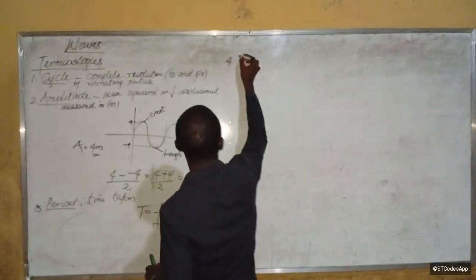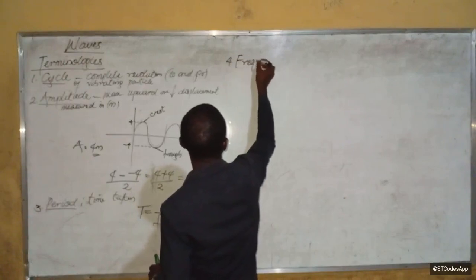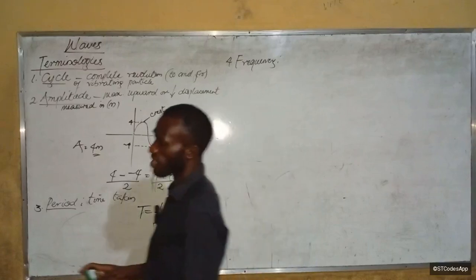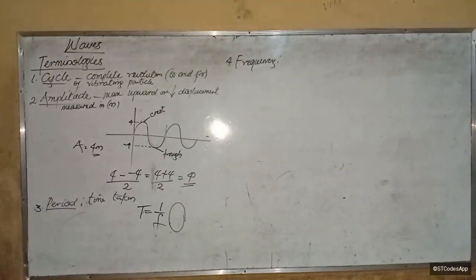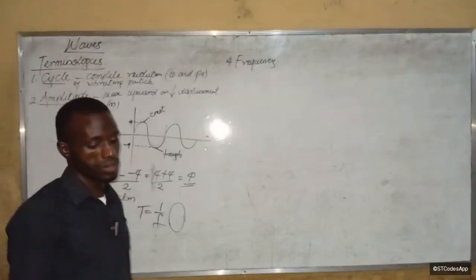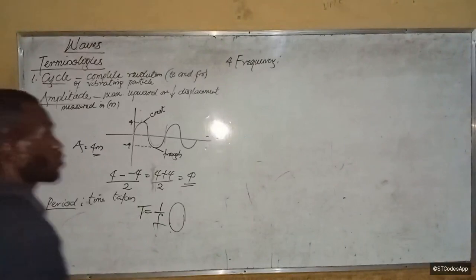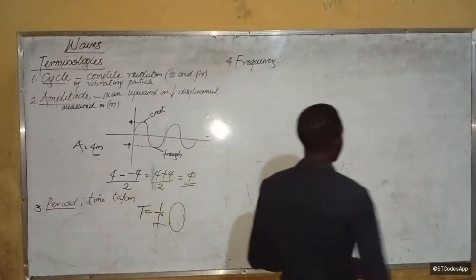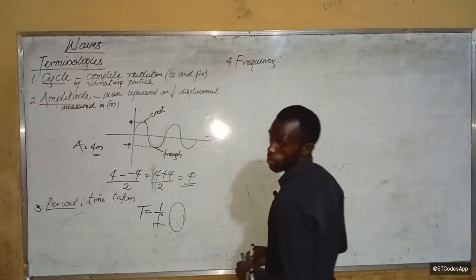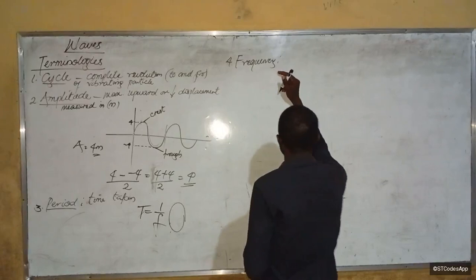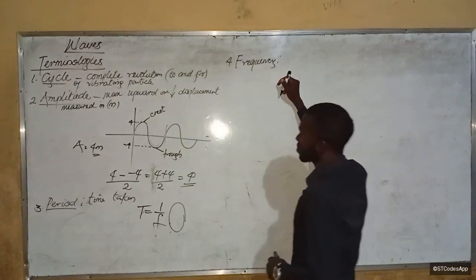Frequency is defined as the number of revolutions per second. It is measured in hertz.